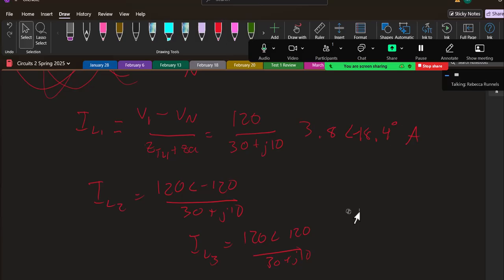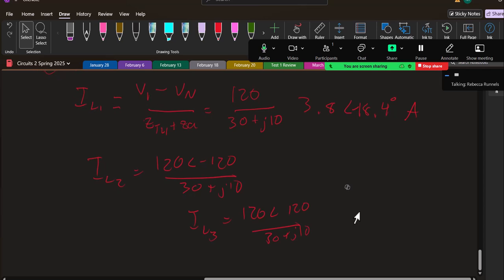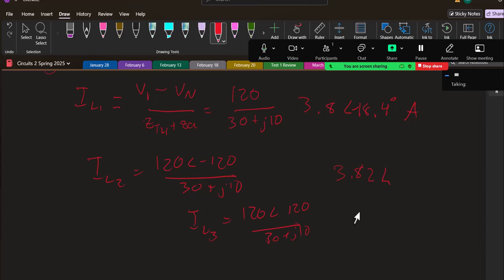IL2 should be the same magnitude, and it is 3.82 angle negative 138.4 amps, and IL3 is 3.82 angle 120 plus negative 18.4, so 101.6 degrees amps.